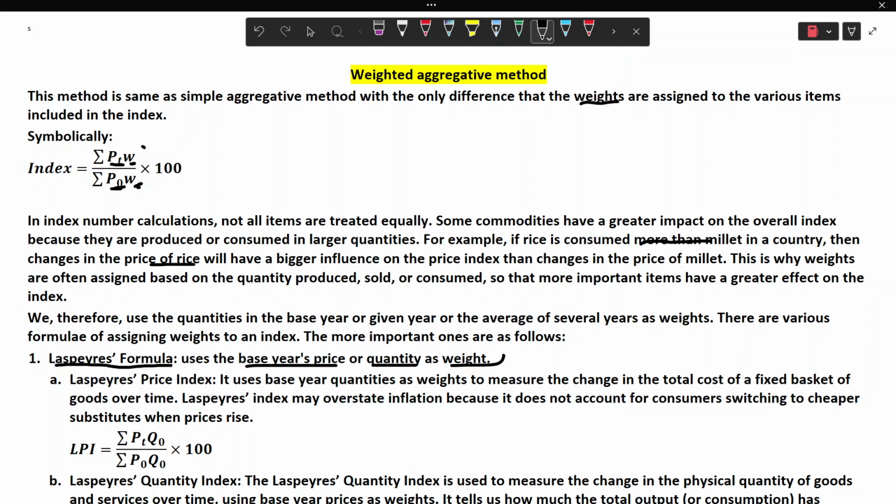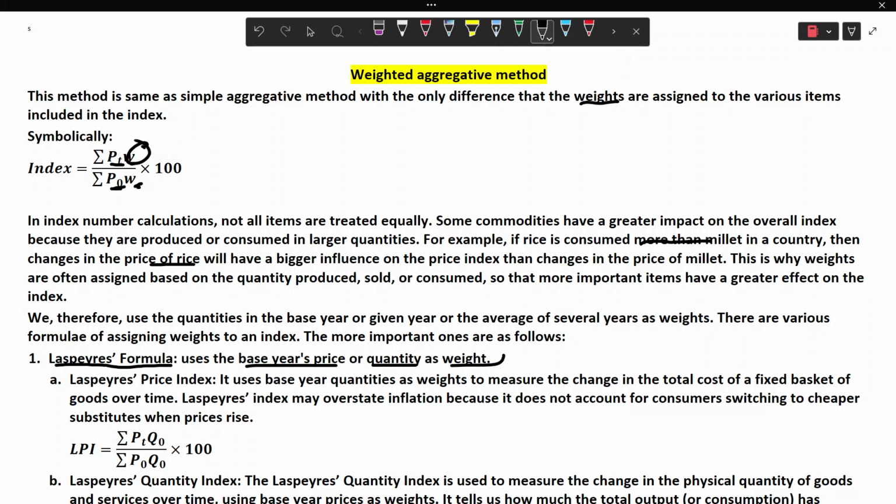So let's take note that the Laspeyres uses the base year price or the base year quantity as weight. So this weight depends on whether you are calculating the Laspeyres price or the Laspeyres quantity. If it is Laspeyres price, then the quantity will serve as the weight. And if it is Laspeyres quantity, then the price will serve as weight.